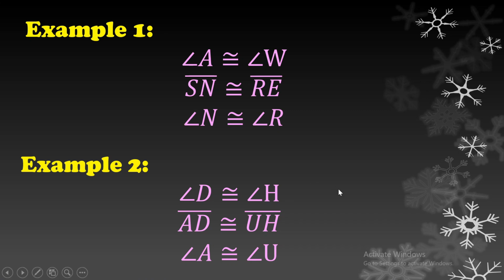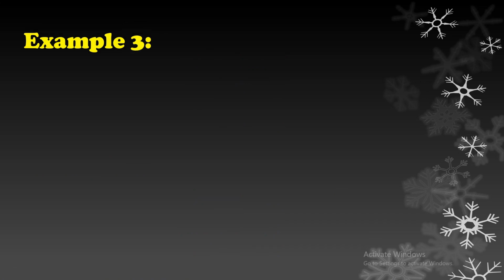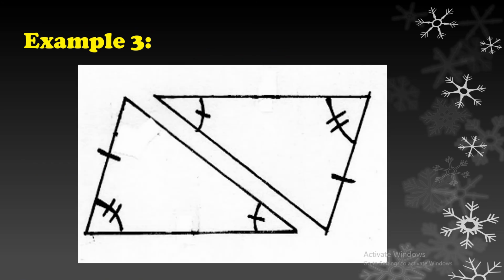So instead of the AAS congruence theorem, what postulate can we use to prove that the two triangles here are congruent? Very good. It must be the ASA congruence postulate. Last example. Given here are two triangles.